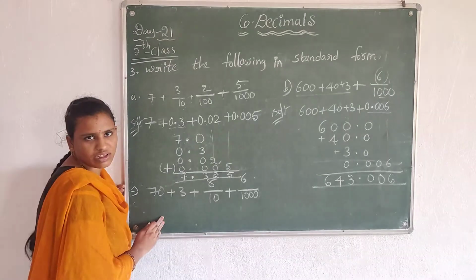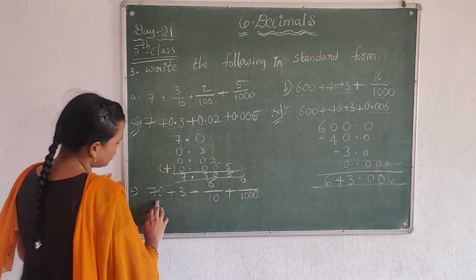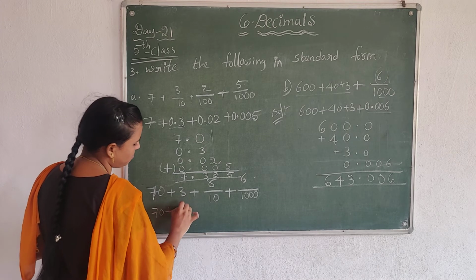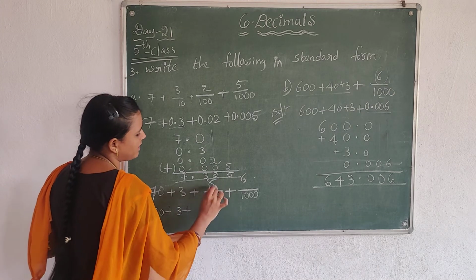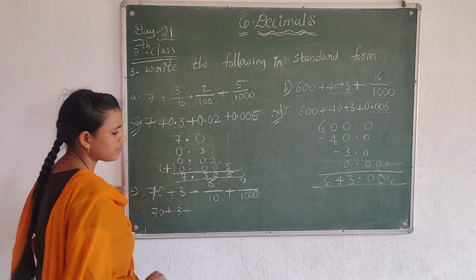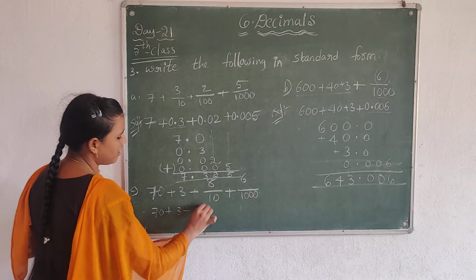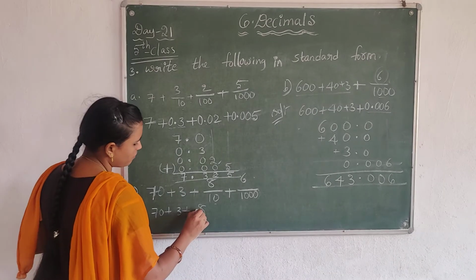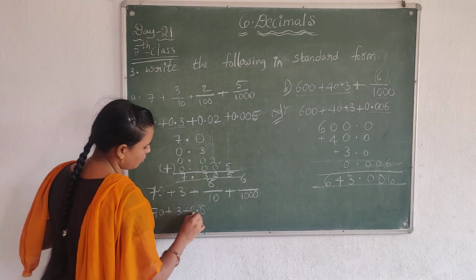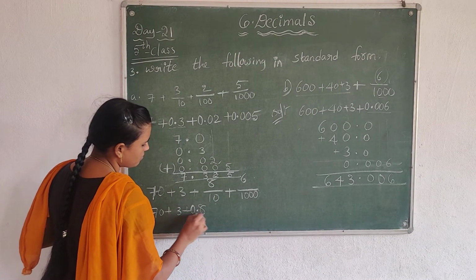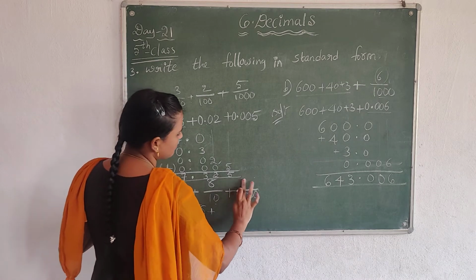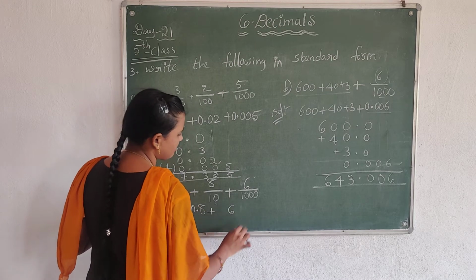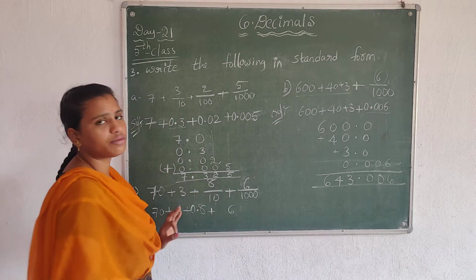We have one more sum here. Let's see. 70 plus 3 plus 8 by 10. 8 by 10 means write the numerator. 10 means 1 digit after the point. So 1 digit after the point and take 0. Plus 6 by 1000. 6 by 1000 means first write down 6 and how many digits do we have? 3 digits.